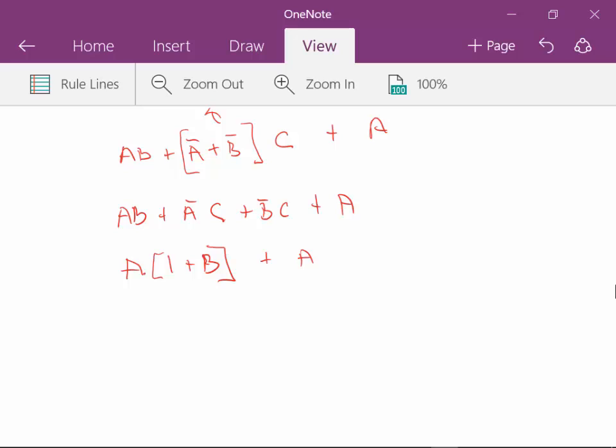Plus A naught C plus B naught C, right there. This disappears, right? So now we're left with A plus A naught C plus B naught C. Now, if we look at these 2 right there, that's that form that we just looked at, right?